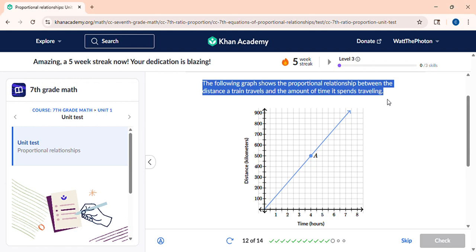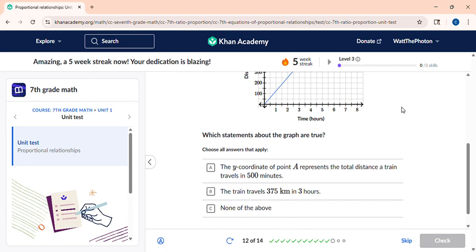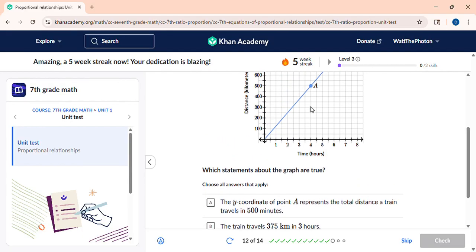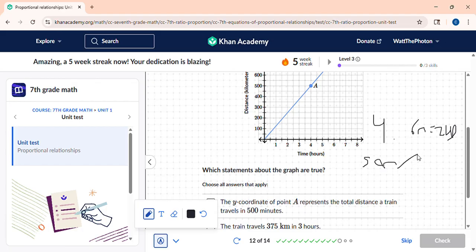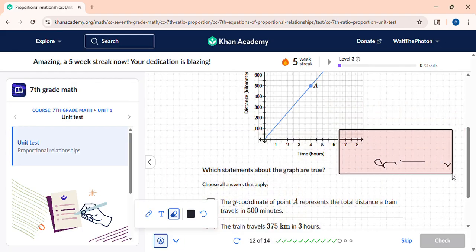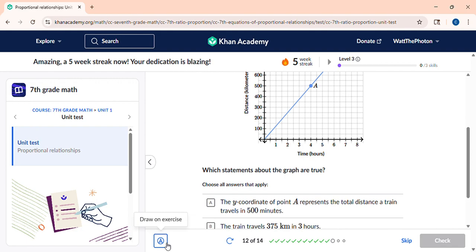The following graph shows the proportional relationship between distance and time spent traveling. Which are true? The y coordinate of point A represents the total distance a train travels in 500 minutes. So 4 times 60 is 240, and 500 is not equal to 240. So we can say that A is wrong.